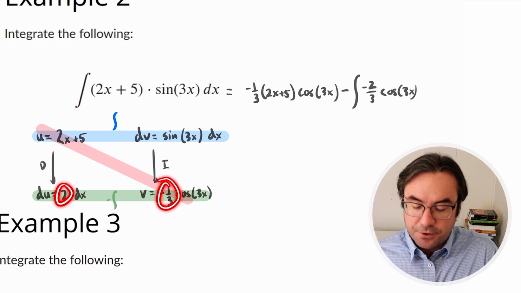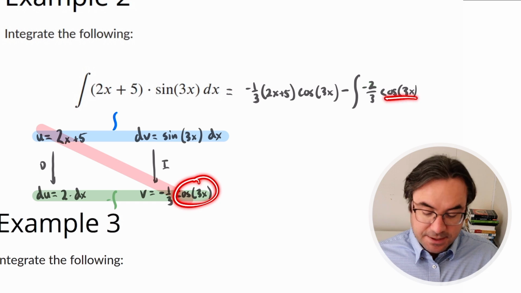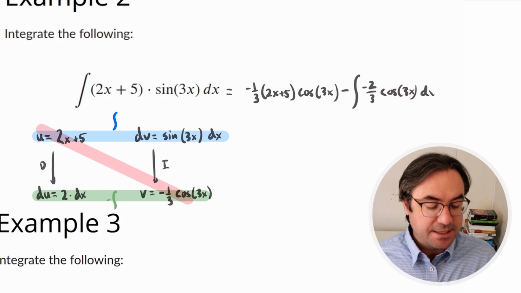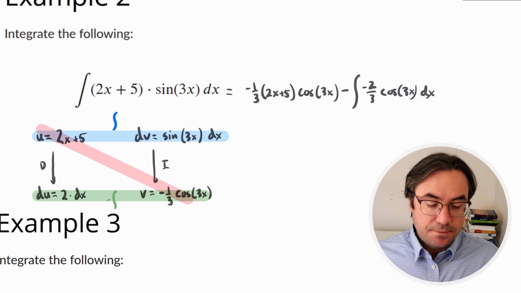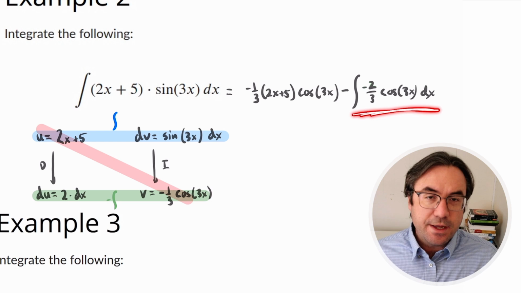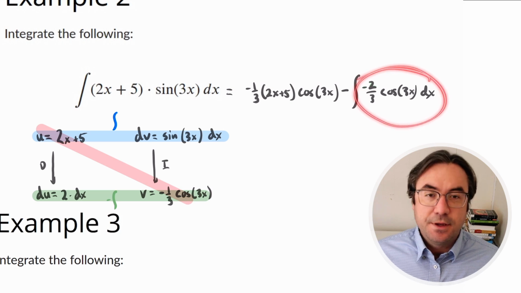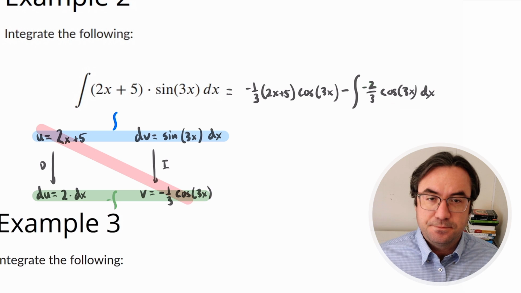So I took the negative 1/3 and the 2, multiplied those together. Then we've got our cosine 3x, and finally we have our differential at the end, so dx. And we're just about there. We still have this one integral to do, but this integral now is easier. This is just a k-form integral, so we can just do it.